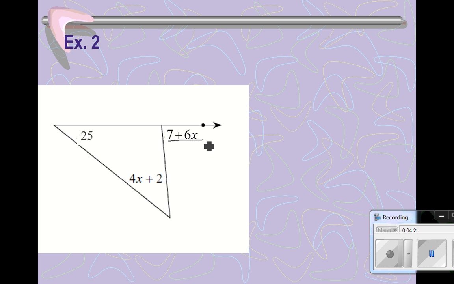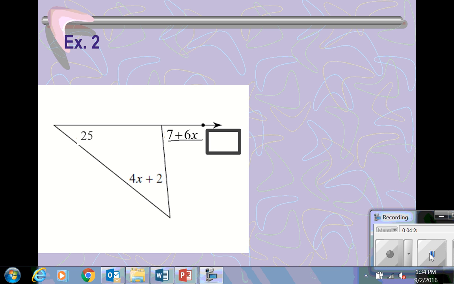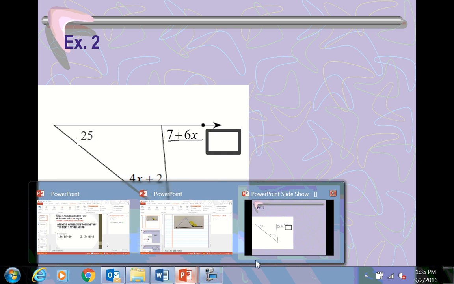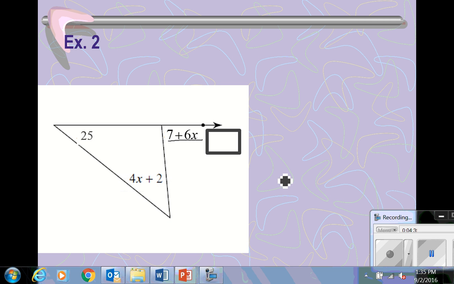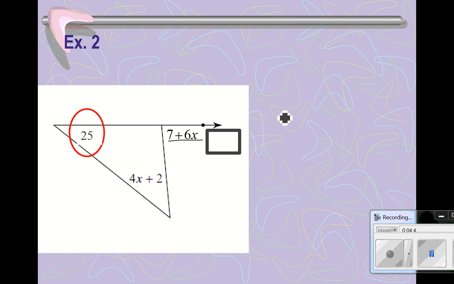Let's go ahead and put a box next to the exterior angle so that we can know where our answer needs to go. By doing the circle plus circle arrow, it helps me to determine what my equation should be.